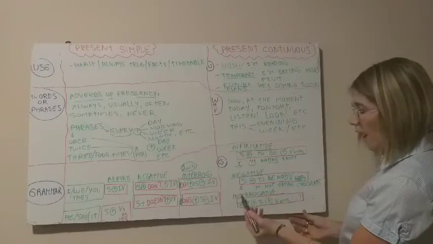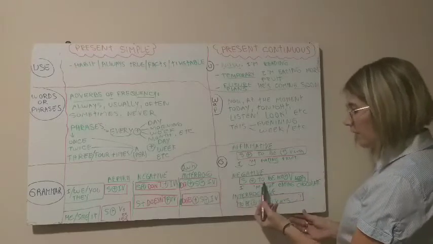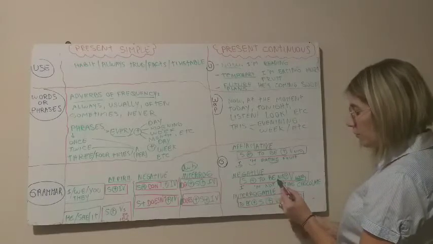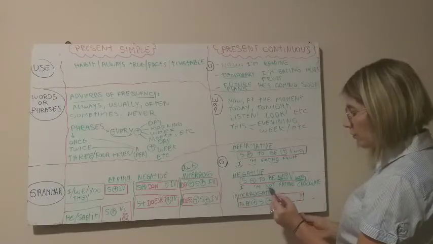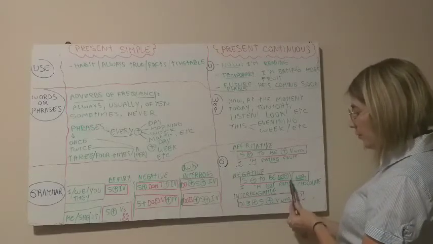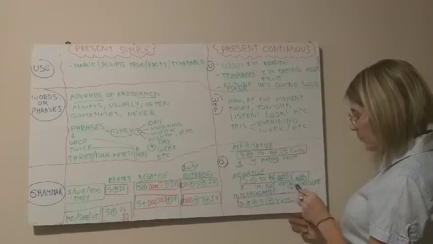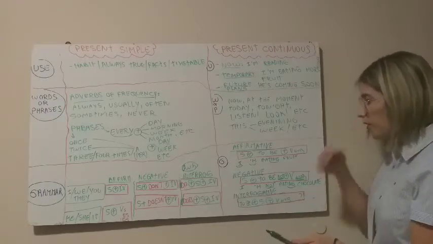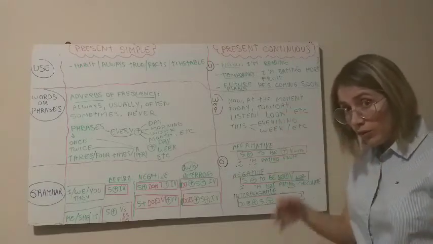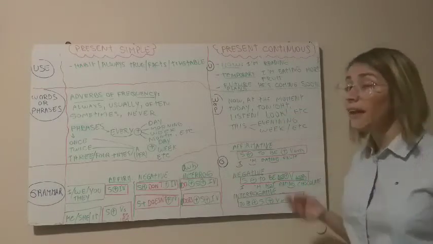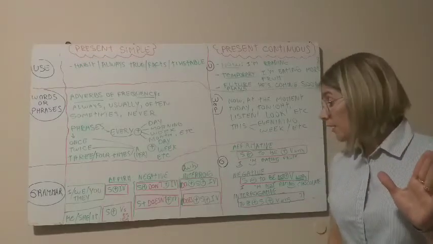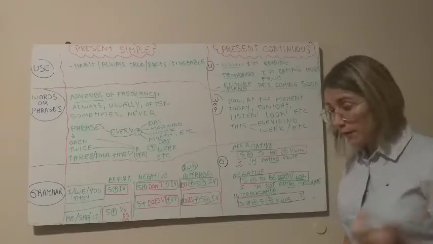I, subject, am, the verb to be, not, because you need to write not after the verb to be. Eating is the verb in ing form. I don't care if it is affirmative or negative, you always have to write the ing form. And again, remember the verb to be is written according to the subject.